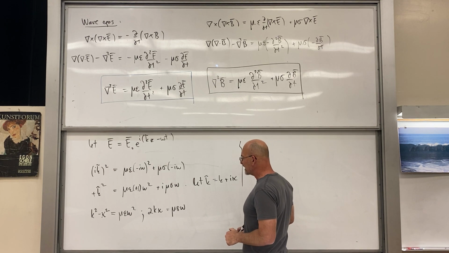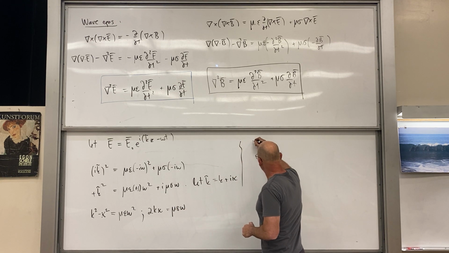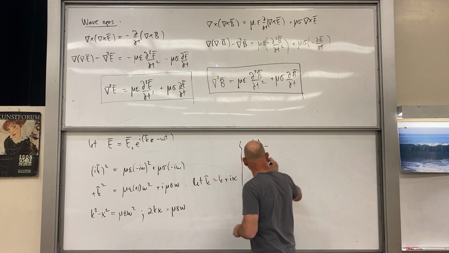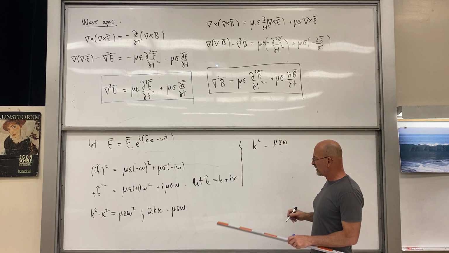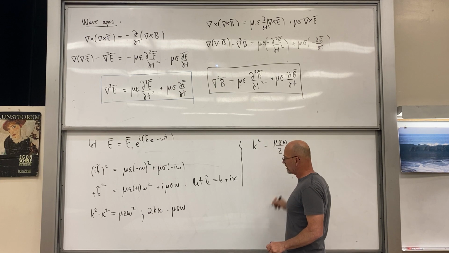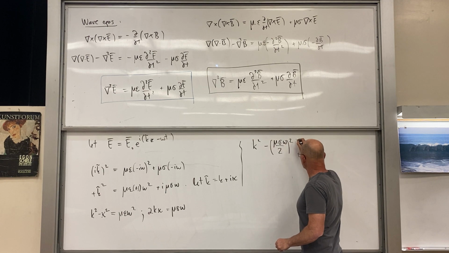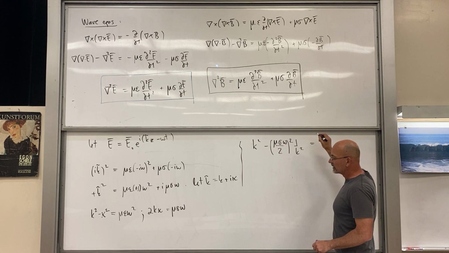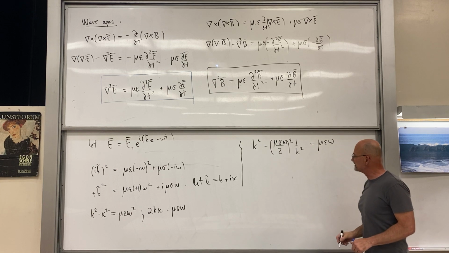So algebraically, we plug one into the other. We're going to have k squared minus, now that kappa is mu sigma omega over 2 k, squared, so 1 over k squared, equal to mu epsilon omega squared.